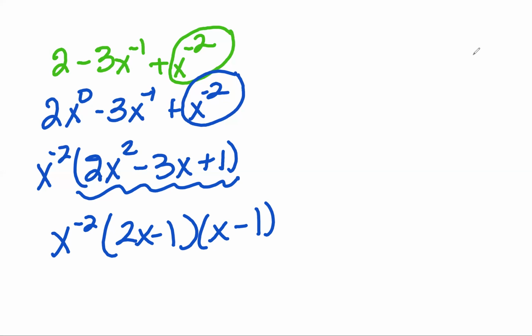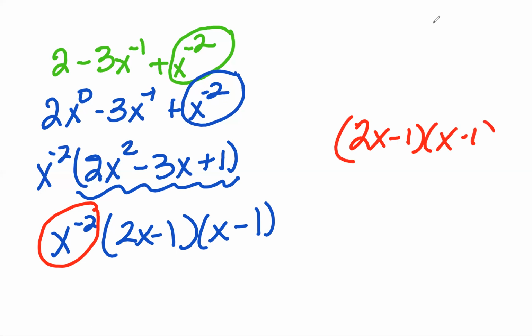And then if I don't want to have a negative exponent here, then I can rewrite this so it's a little bit nicer: 2x minus 1 times x minus 1 divided by x squared.